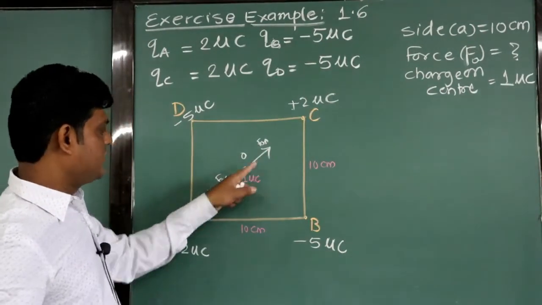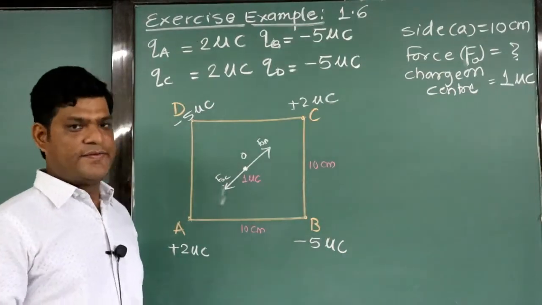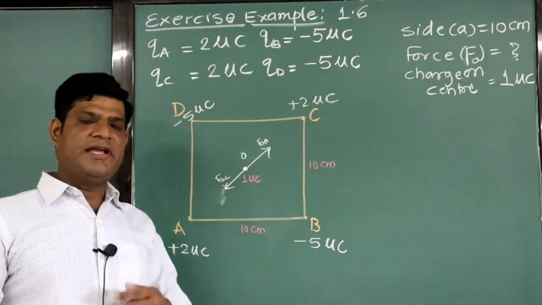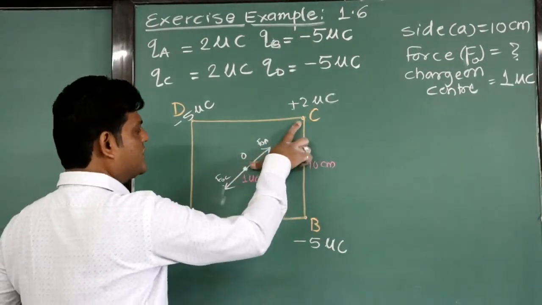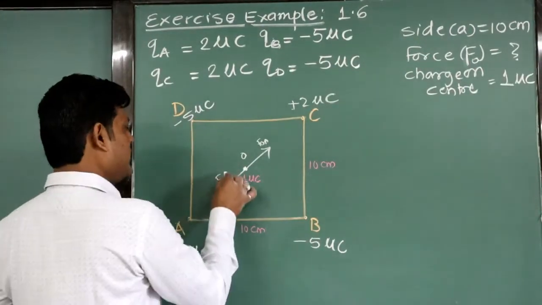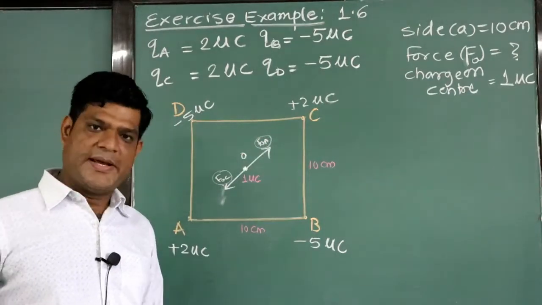So these two forces are equal in magnitude and opposite in direction. They are opposite in direction, which we can easily see. How can we say that they are equal in magnitude? Because the distance OC and the distance OA are the same. That's why FOC and FOA are the same, right?